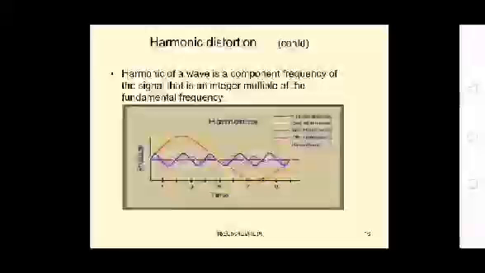If you have 5f, you call it the fifth harmonic. If you have 7f, it is the seventh harmonic, like that. 5f means the fifth harmonic, nf means the nth harmonic.